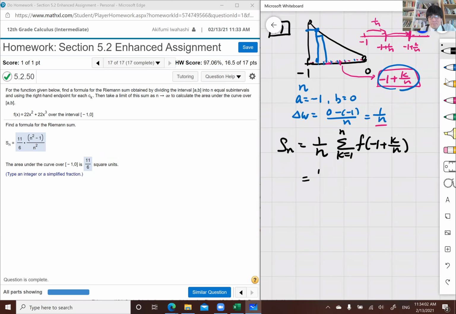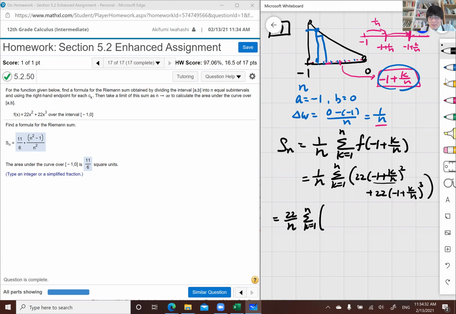Now, f is a bit complicated. It's 22 times input square plus 22 times input cube. You can put 22 out quickly, but the others I had to expand a little bit.